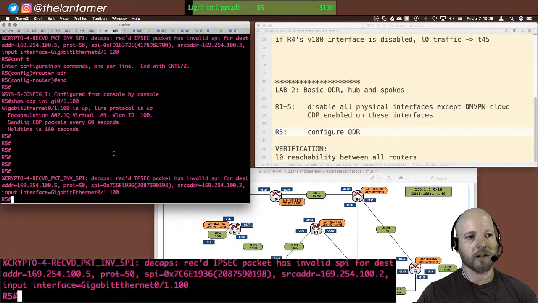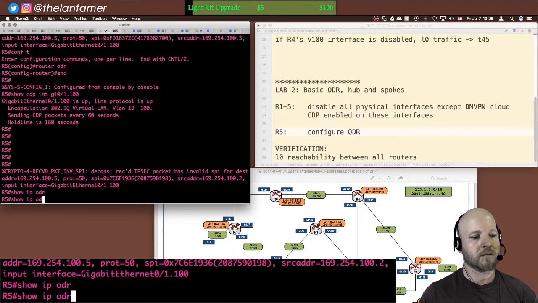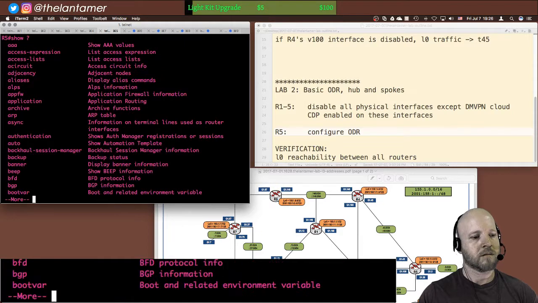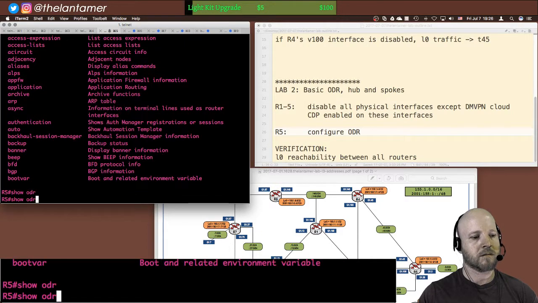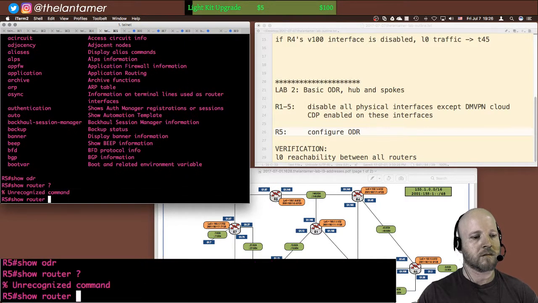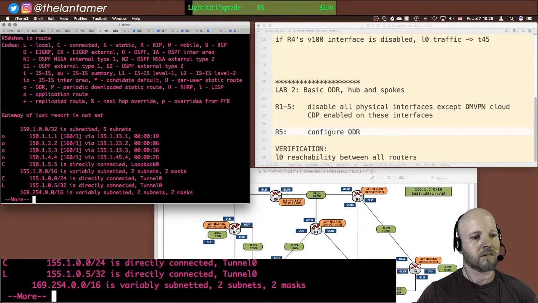Now, if it's running, cool, we do see ODR in here. So via ODR, yes, I have learned the loopback interfaces via 1, 2, 3, 4. Nice.